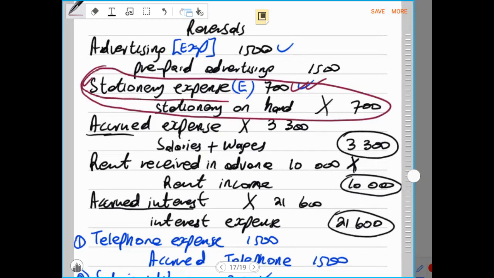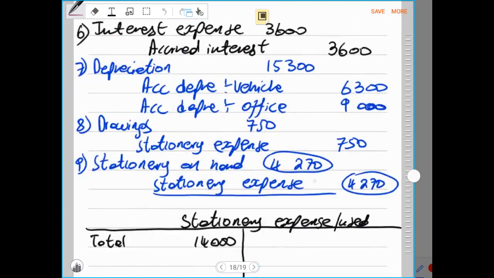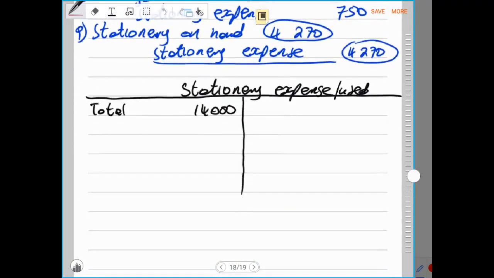So now that means our stationery expense was increased by 700 rands, and the contra entry will be stationery on hand, because we're cancelling the stationery that was on hand last year. Then we debit our stationery expense by stationery on hand, and the amount will be 700 rands.